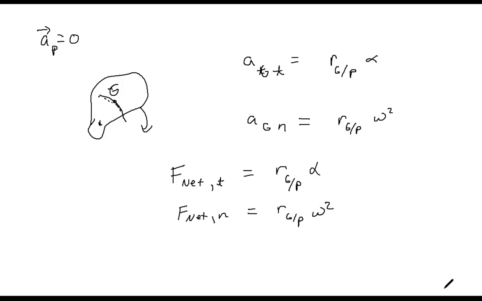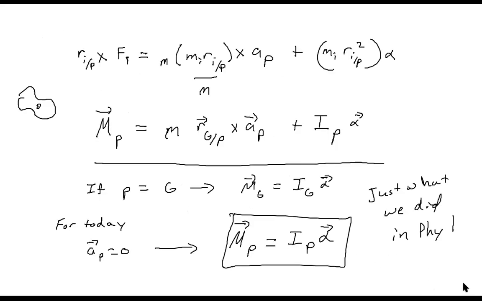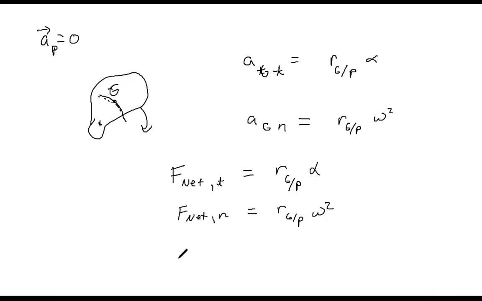And then we come to our result from over here: the sum of the moments about P equals the moment of inertia about P times alpha. These are the equations we will use to solve problems.